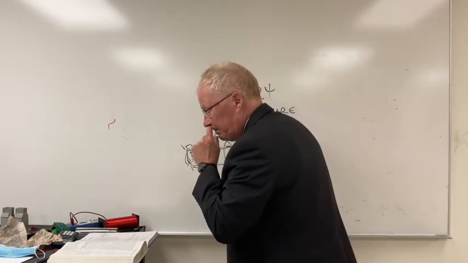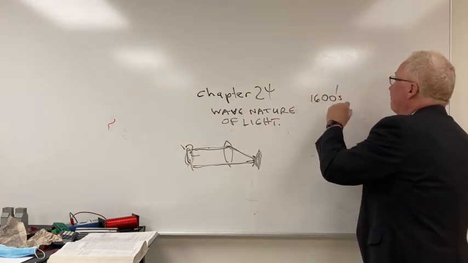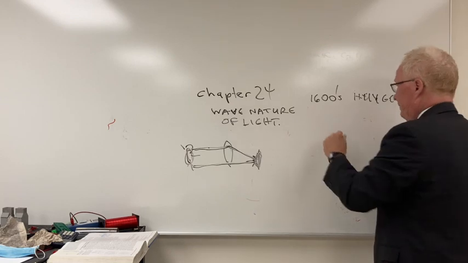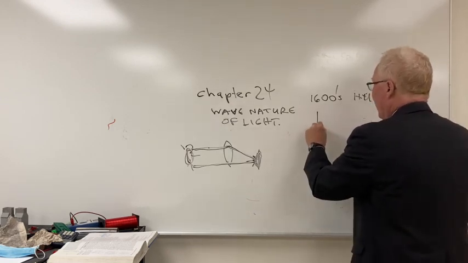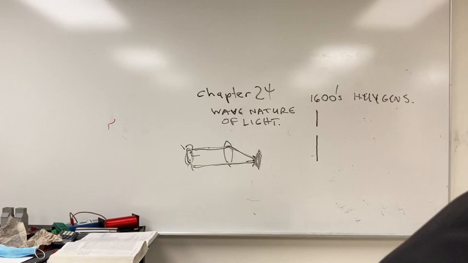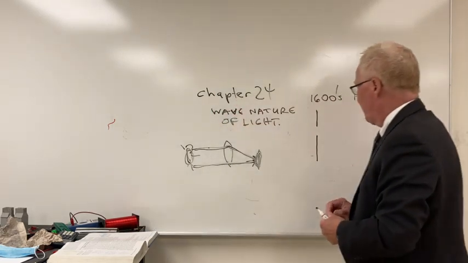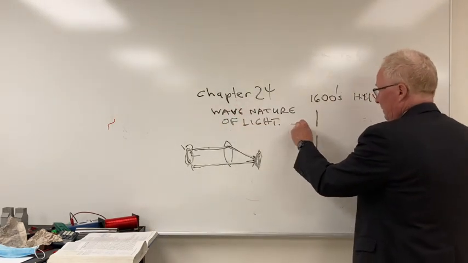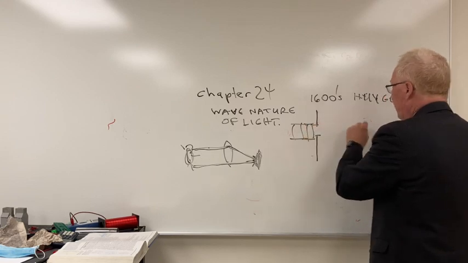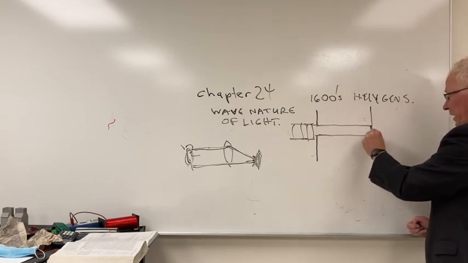However, it was discovered in the 1600s by Huygens that, as an example, if you put light through a slit of small size, a pretty small light and a very small slit, you would expect, if light was a perfect beam coming at you, that what you'd have on the screen would be just the light coming through, exactly that opening.